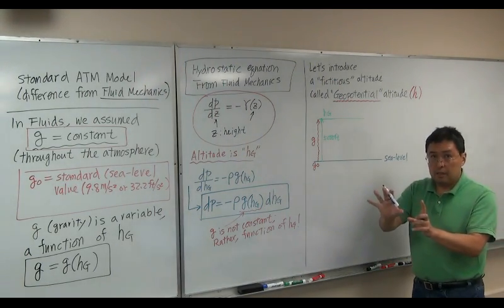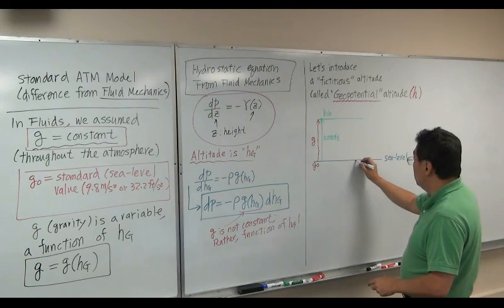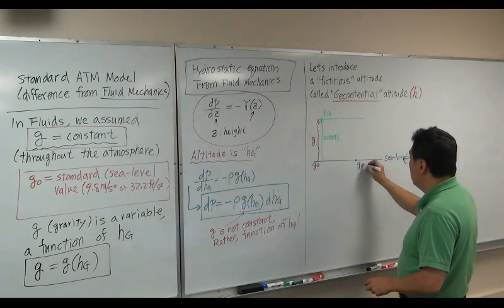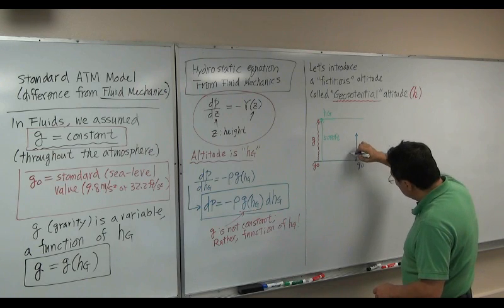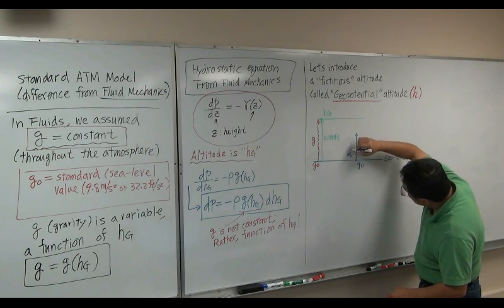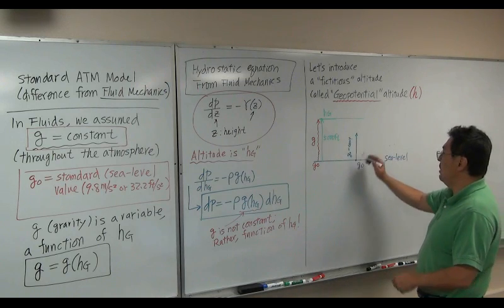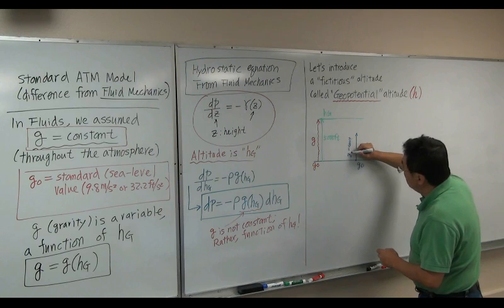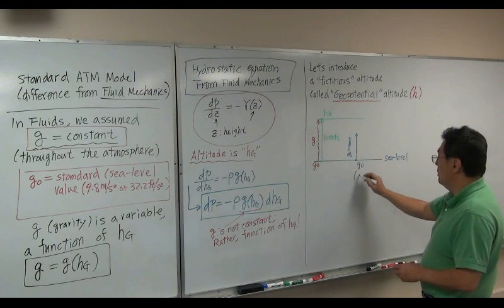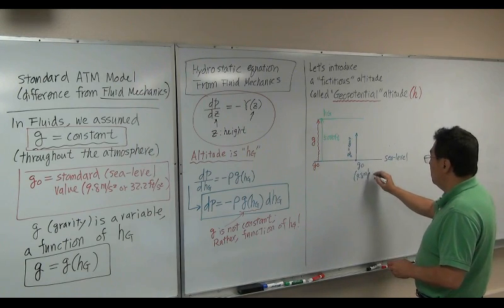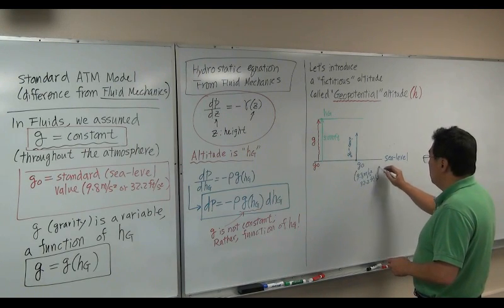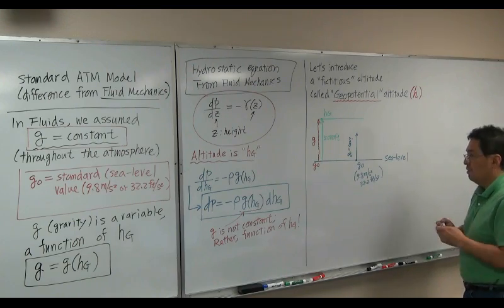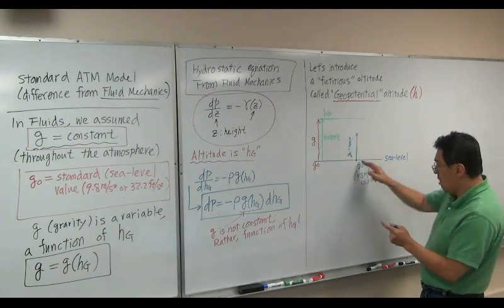Suppose, hypothetically, the gravity is g0 and then always g0. In other words, a constant value of gravity starting from the sea level value g0, which we know is 9.8 meters per second squared or 32.2 feet per second squared. This is the gravity at sea level g0, which is hypothetically constant throughout.